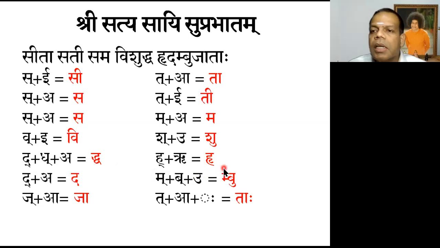The next letter is Hr, Ha plus R. I hope you remember the vowel where the tongue actually points upwards, just the way you say Ra, but the tongue is pointed up and we just blow air, which is R, okay. Hr. Just watch how it is written.